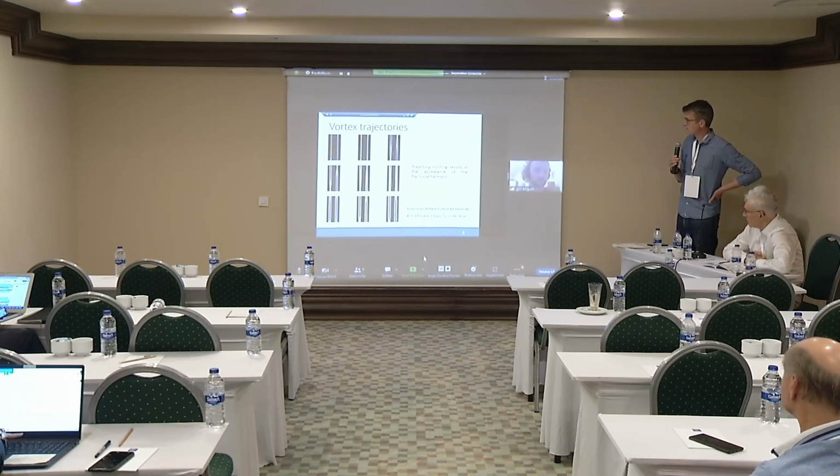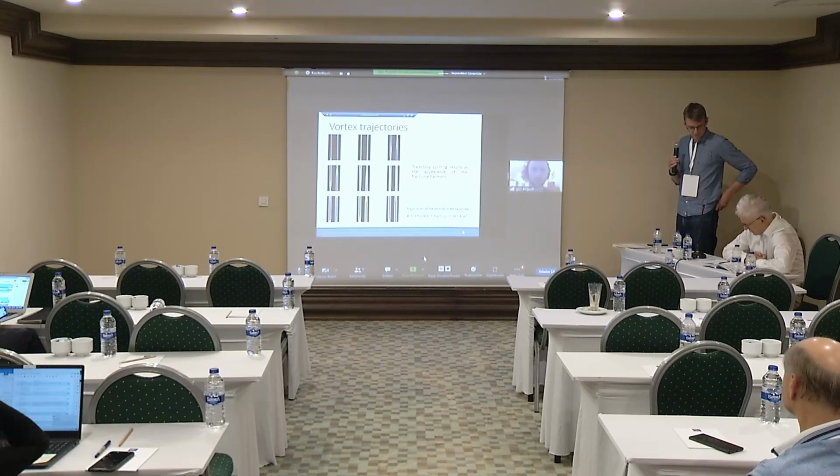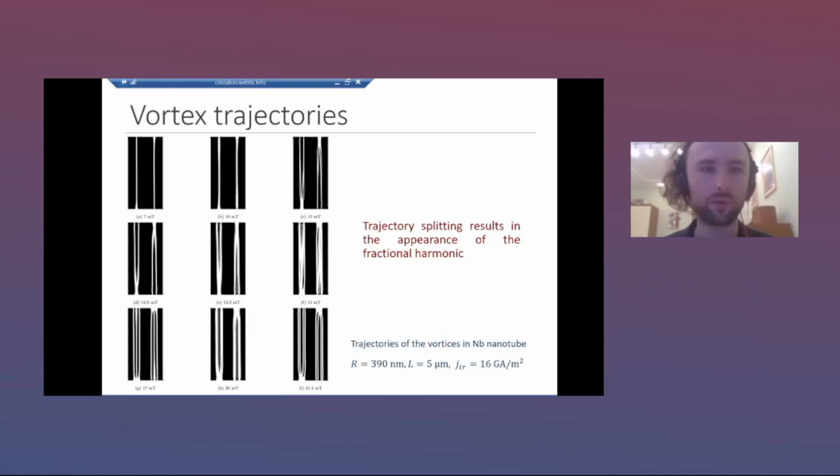Yeah, the process is the following. If we had only one trajectory, the nucleation of the vortices generated some frequency in the induced voltage.